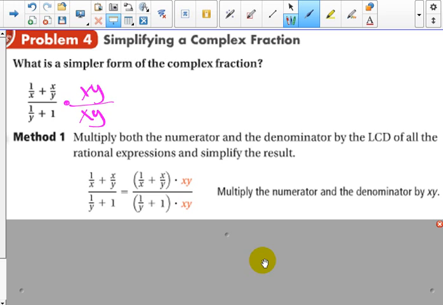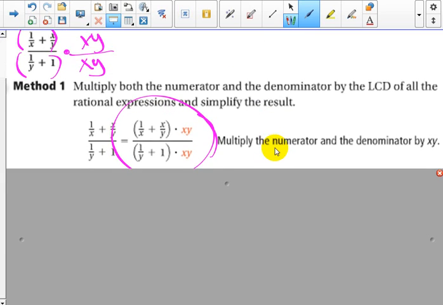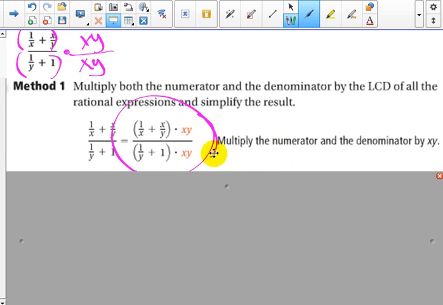And there it is, right there. That step right there. They're multiplying the numerator by xy and the denominator by xy. But remember, because there's more than one thing here, it's best to use parentheses. Okay, and that's what they've done right here.